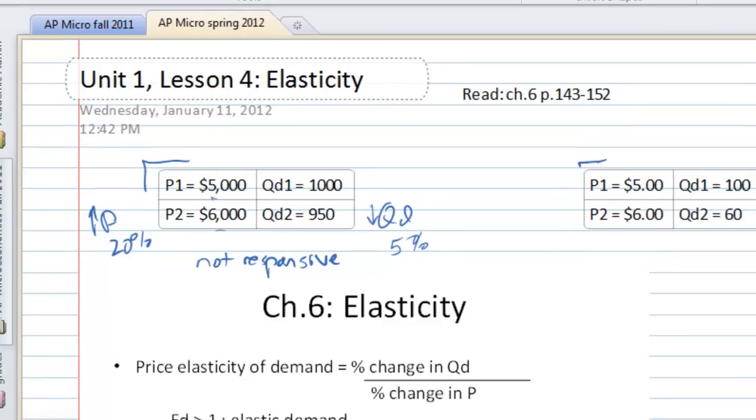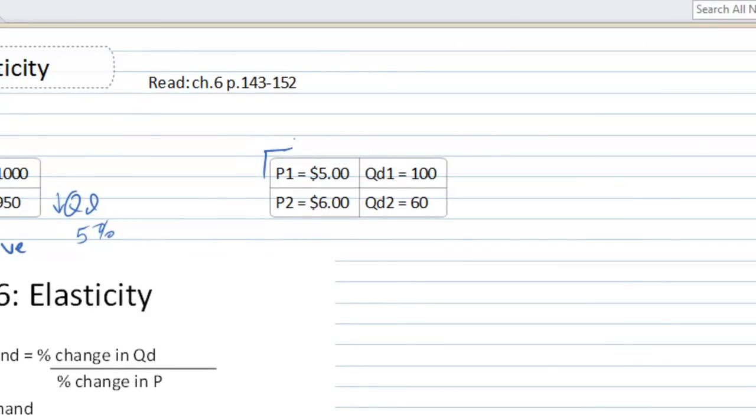Whereas on the right, here's an example of a good that goes up in price from $5 to $6, let's say it's the cost of a sandwich at Jimmy John's. That's another increase of 20% in price. But our corresponding quantity demanded decrease from 100 to 60 is a 40% decrease in quantity demanded.